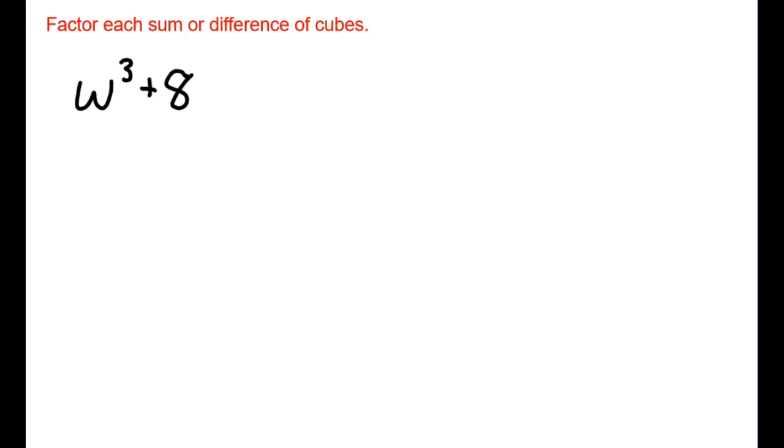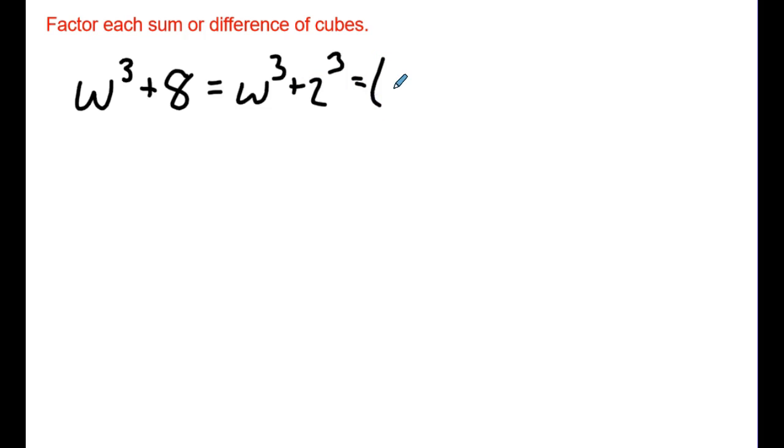First problem, we have w cubed plus 8. We need to first rewrite this so that we can see what both cubes are. This is the same as w cubed plus 2 cubed. Now we can see what our a value and our b value are. So all we need to do at this point is follow the pattern.